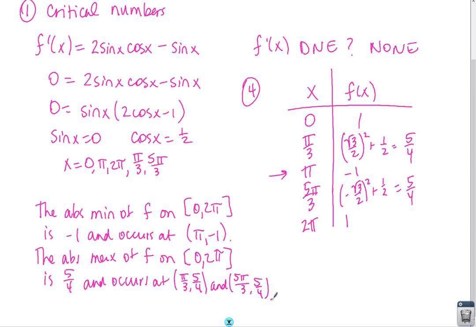Again, you only have one absolute max or one absolute minimum value, but it can occur in multiple locations, which is exactly what is happening here.